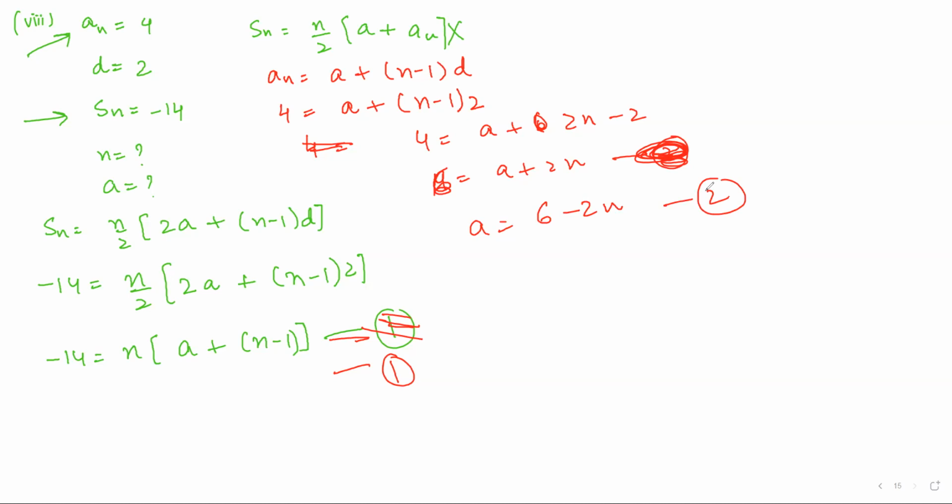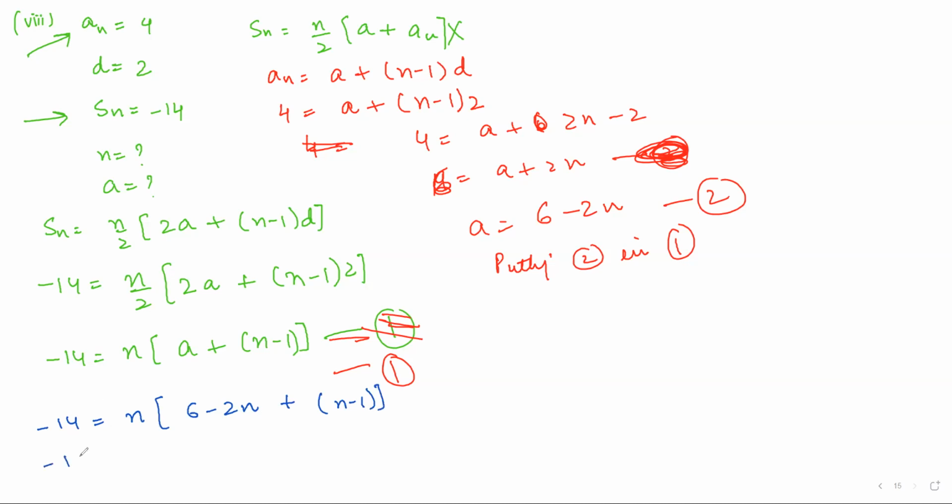Yes, ma'am. Okay. Now I'm putting this value of a from equation 2 in equation number 1. So now you come back to your equation number 1. What does it become now? Minus 14 is equal to n into, in place of a, I'm writing 6 minus 2n and then plus n minus 1, right?